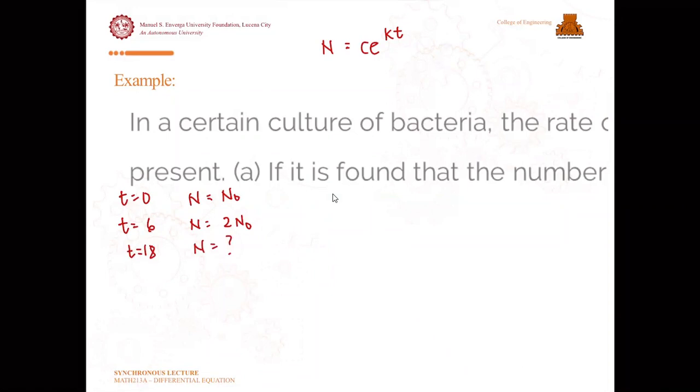Then, next, if there are 10 raised to 2 at the end of 4 hours, this is the other condition. If after 4 hours, the value of N is equals to 10 squared or 100, and at the end of 8 hours, N is 8 times 10 squared.